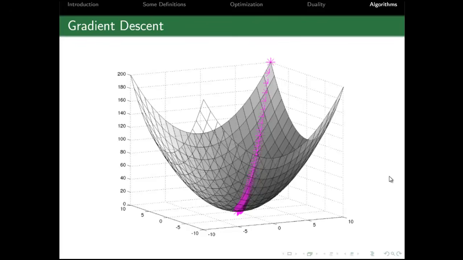If you start off at the top point, take the gradient there, and move along the negative direction of the gradient slowly, as we keep going down we reach the bottom of this curve. The bottom is where the minima exists. At the last point the gradient becomes 0. So this is the motivation for gradient descent algorithms: by going along the negative direction of the gradient we reach the minima in convex functions.